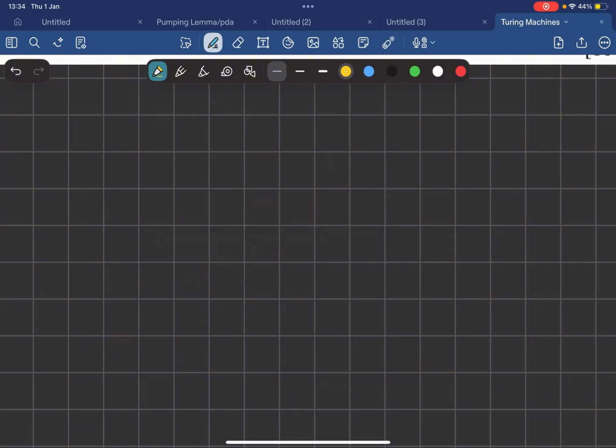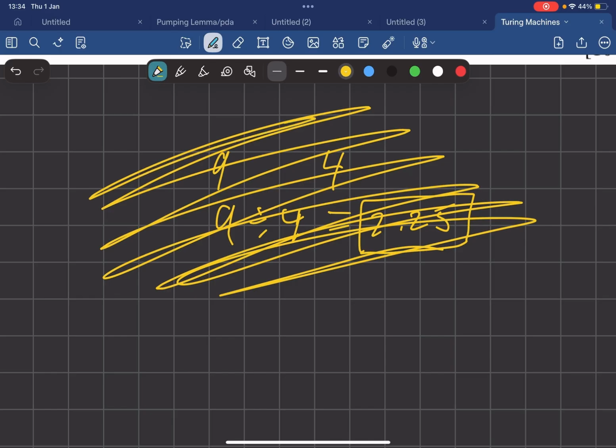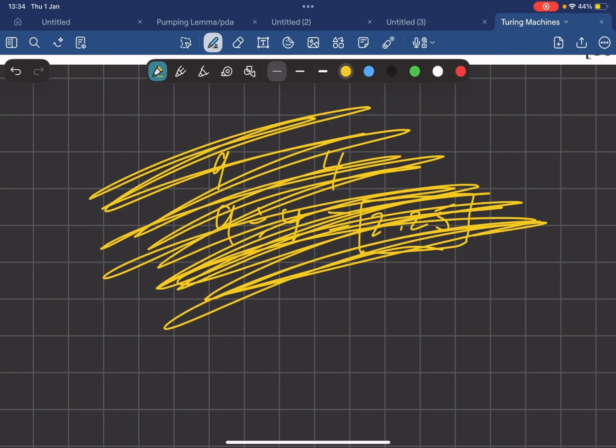If, for example, we also had 9 and 4, to check if 9 is a multiple of 4, we divide the two, and we get 2.25, which is not an integer, and so 9 is not a multiple of 4. So that's one way of checking if one number is a multiple of another.